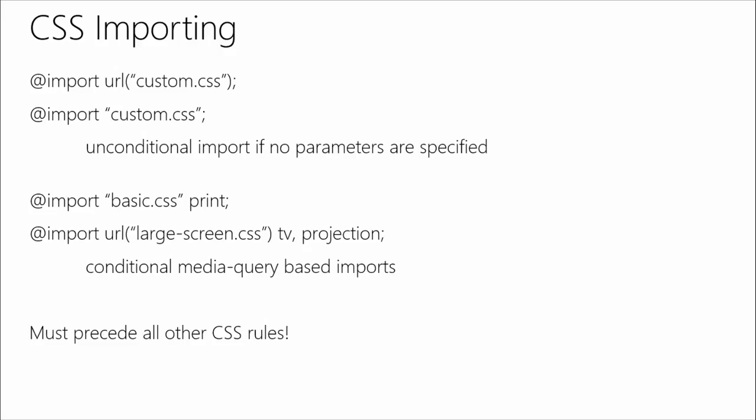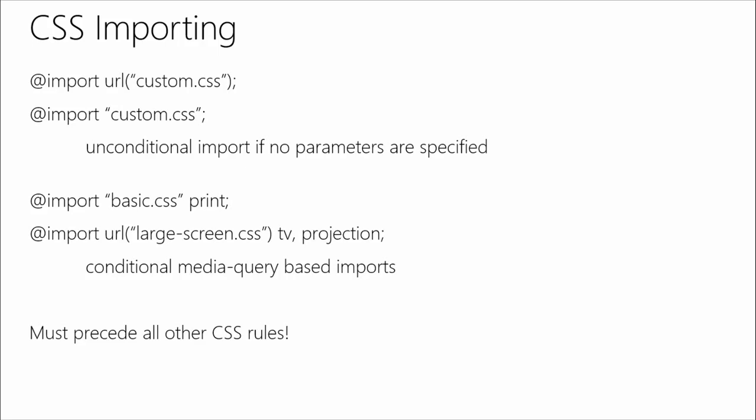CSS importing goes hand in hand with media queries because the only parameter that you can really put in to import other CSS files are essentially media query files. So when I say import CSS, I mean within your CSS file, you can call out to another CSS file and include all of those components inside. It's really important to put these in the beginning of your CSS file.